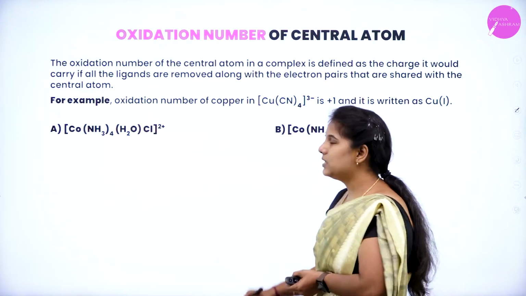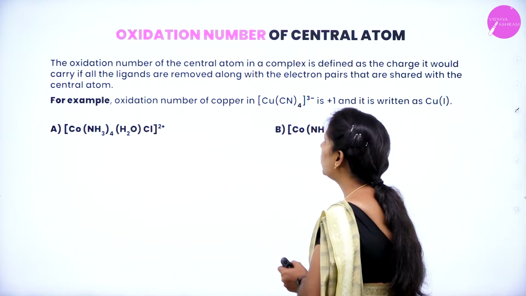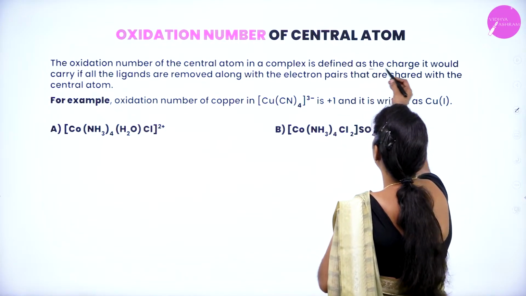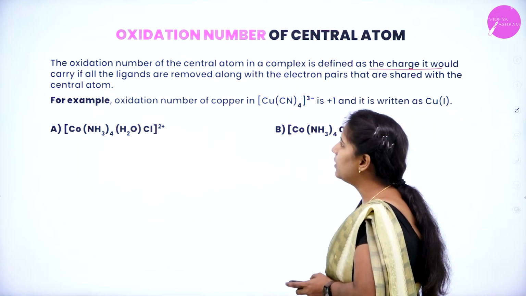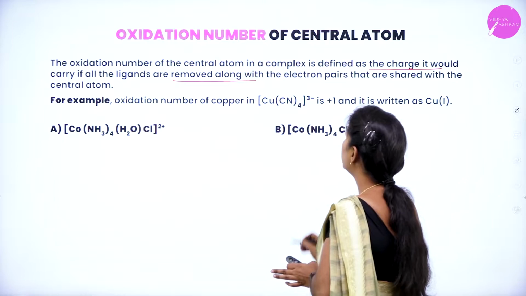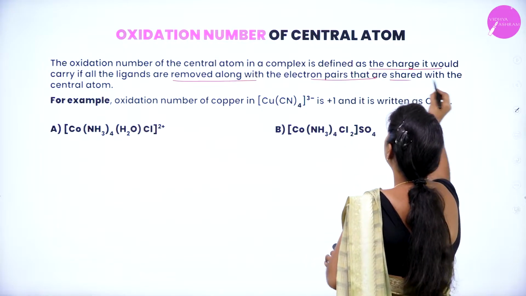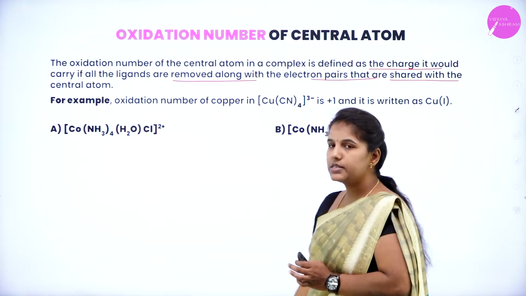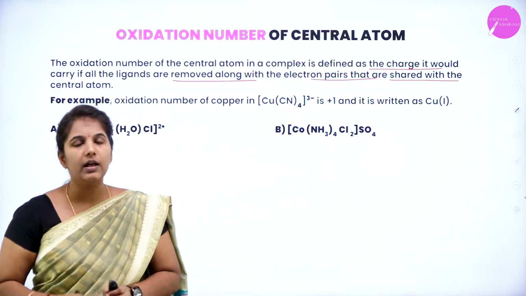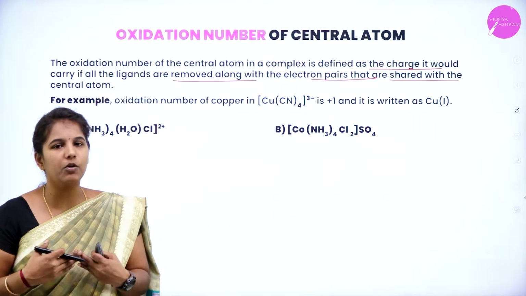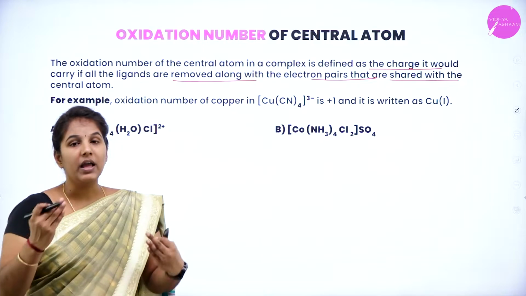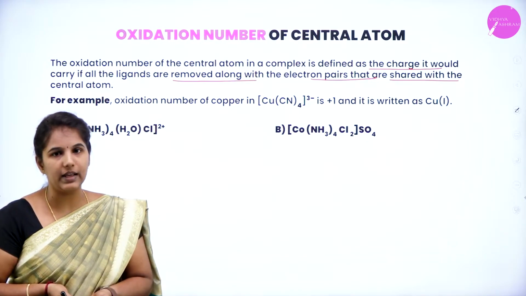So, what is the oxidation number? The oxidation number of a central metal atom in a complex is defined as the charge it would carry if all the ligands are removed along with the electron pairs that are shared with the central metal atom. It tells us about the charge on the central metal atom when the ligands are removed.